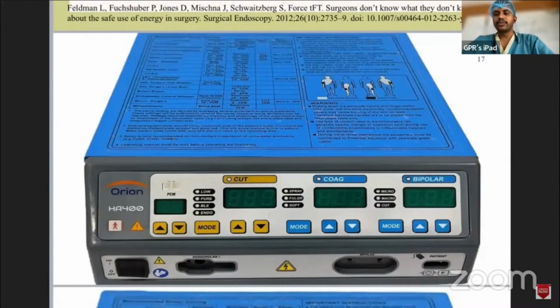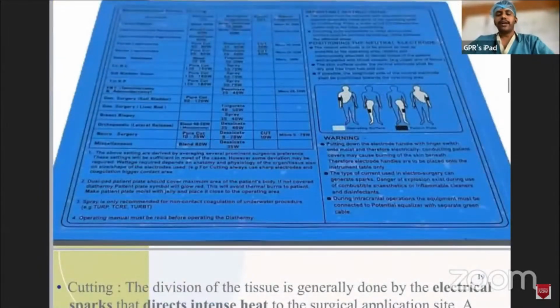Above this particular machine, we can see a diagram, and I'll explain it. When we have monopolar current passing through the electrode to the patient's body, there has to be a return electrode to bring the dissipated energy back to the electrosurgical unit. This happens via the electric pad or ground pad, which can be placed as shown in the figure.